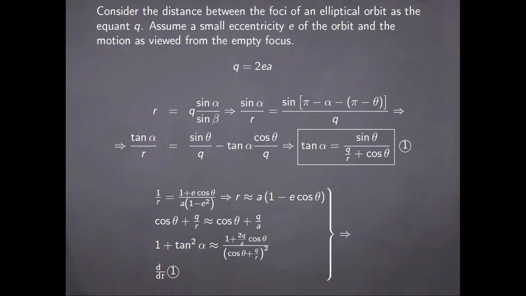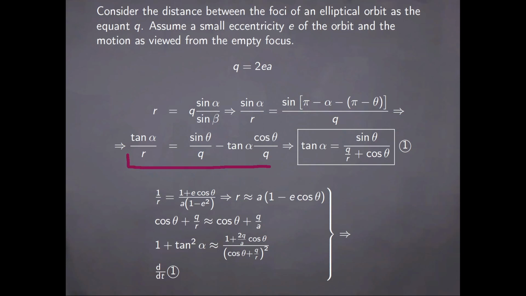Right. So if we write the radius this way using the law of sines, then we can immediately switch things around, so we get sine of alpha divided by the radius equal to the sine of the angle beta over the equant. And then if we divide everything by cosine of alpha, we can write the result here.